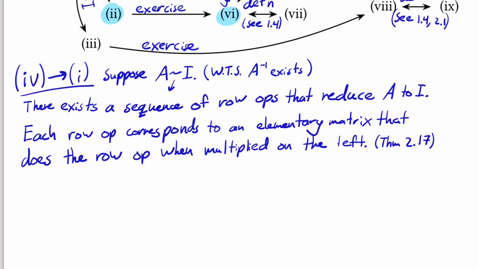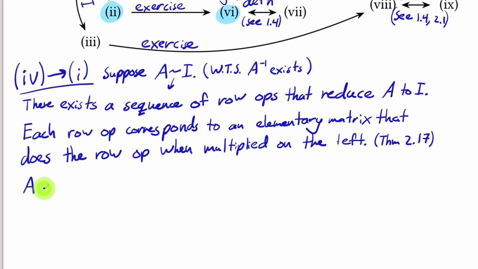So in other words, we can say A is row equivalent to E1 times A. That's like the first operation in the sequence of operations, and E1 times A is the result of doing this row operation to A. And we could keep doing these row operations.